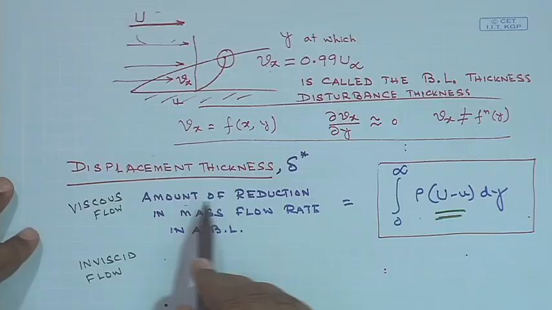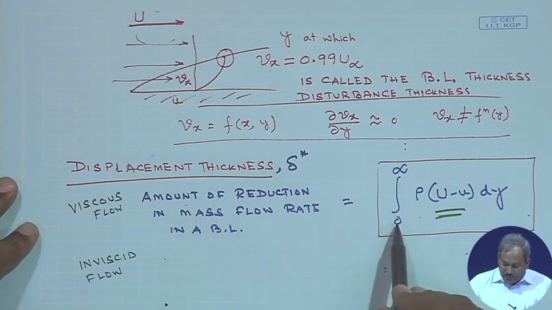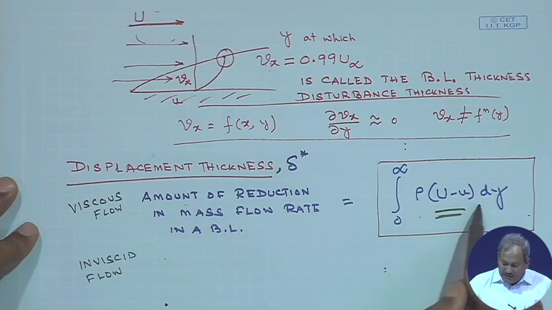When the reduction in mass flow rate in the inviscid flow is equal to the reduction in mass flow rate in the actual viscous flow, for which we have already evaluated the expression, when these two are equal, delta star is known as the displacement thickness. So let's see the amount of reduction in mass flow rate in a boundary layer where viscous forces are present is this.